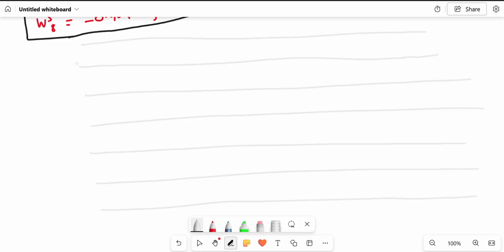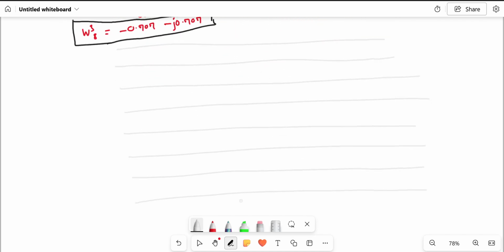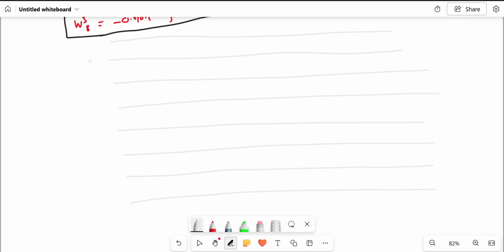So 3, 6, 7, one more. Okay. Now the input should be in bit reversal order.